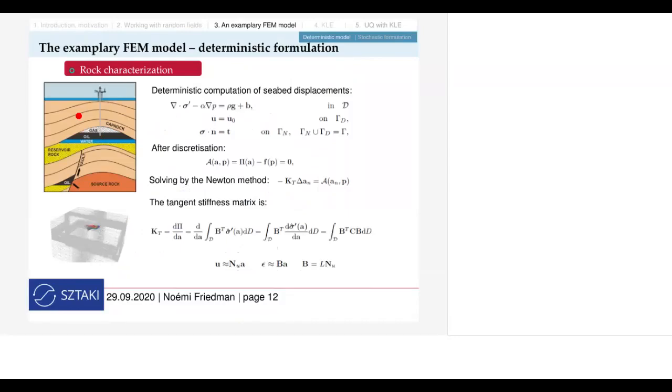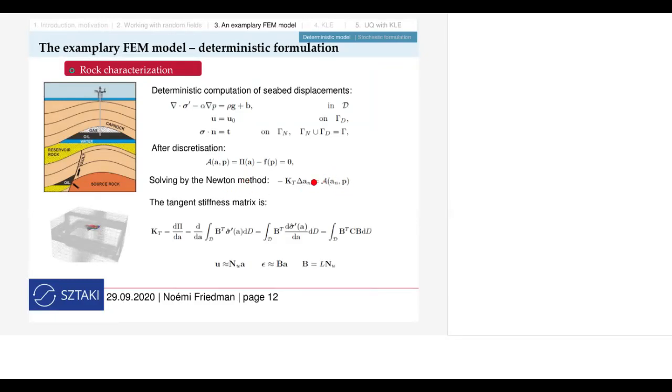Okay, so this is the finite element problem that I have. These are the set of equations. When I write the weak form, I can derive a nonlinear set of equations that depends on the nodal displacements A and the nodal pressure terms P. I can solve this nonlinear set of equations by the Newton method, where I have the tangent stiffness matrix, the change of the nodal displacements, and this function at the actual point.